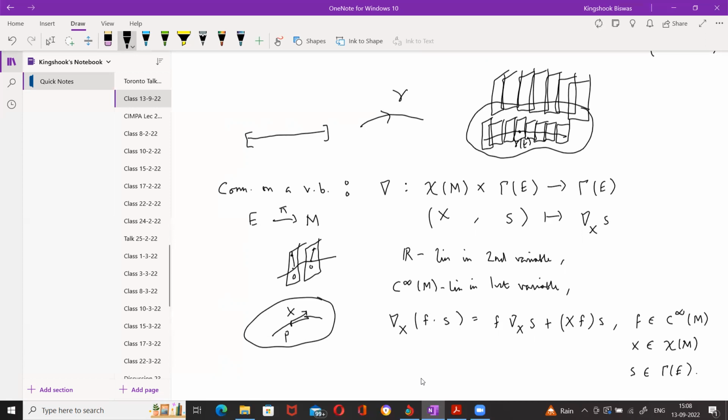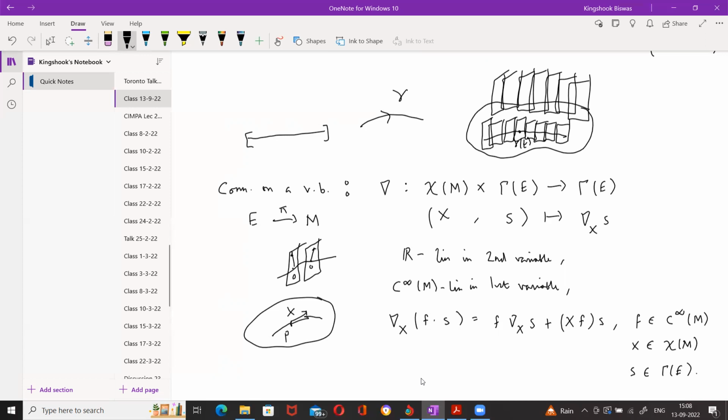So this will be a connection on the vector bundle. Does this make sense? Yes.